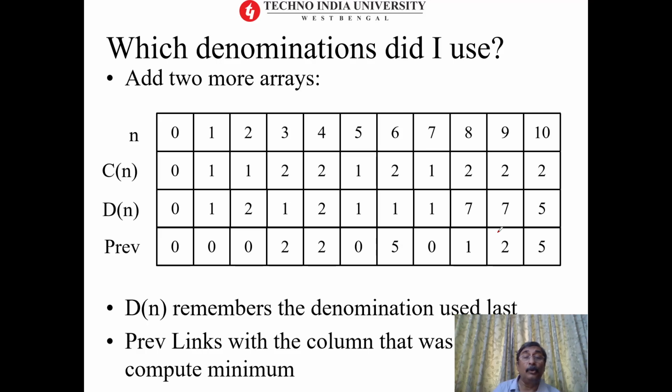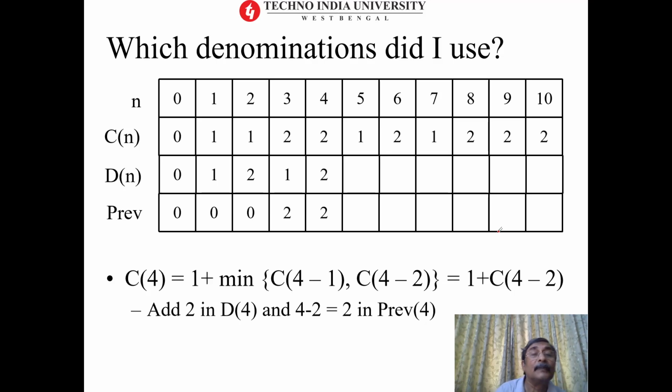I'll give the example here very easily. So you see, C4 is 1 plus C of 4 minus 1, 4 minus 2, and the minimum is 1 plus 1, from 4 minus 2. So I put 2 in the d4. Why? Because I used one coin of denomination 2, and then I remember how much is remaining.